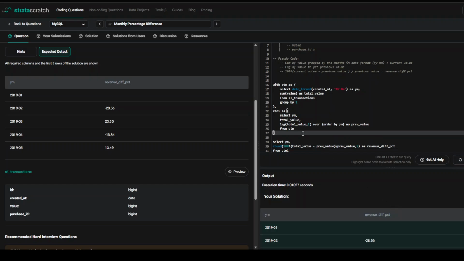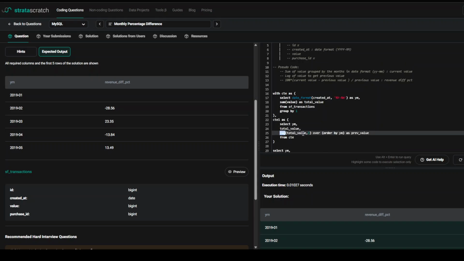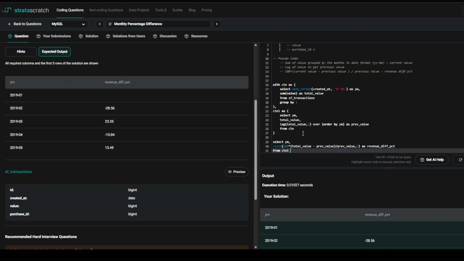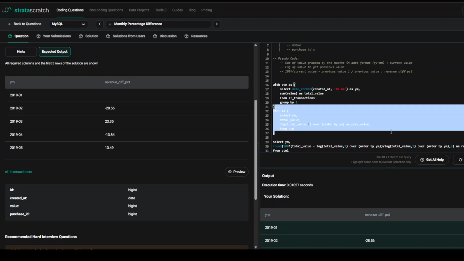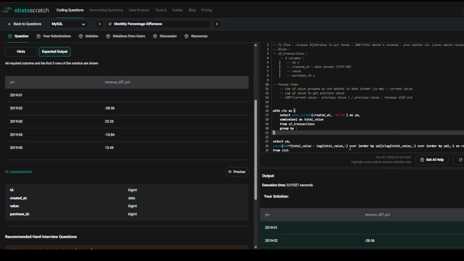Yep, that works. Now, what I could have also done, as I was telling you, is ignore the lag over here, and when creating the previous value, just put the lag there itself. Then I can remove the whole of CTE1, and just write total value minus the lag of the total value with comma 1. How many previous values do we want to see?